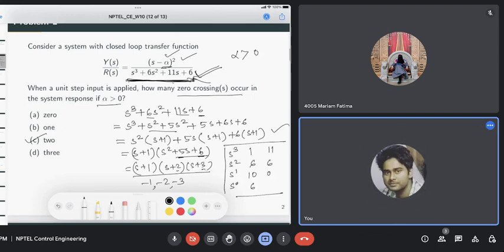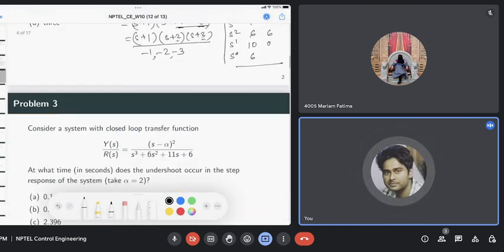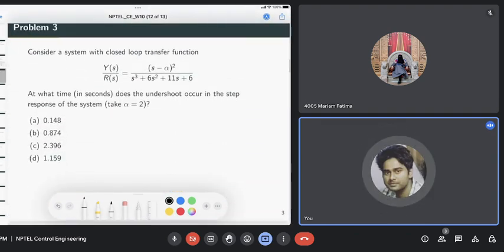Okay, so we move to the next question. Again the same system is given. Now we take this alpha equal to 2, and now we have to find another interesting phenomenon for this right half plane zero, which was the undershoot, right?